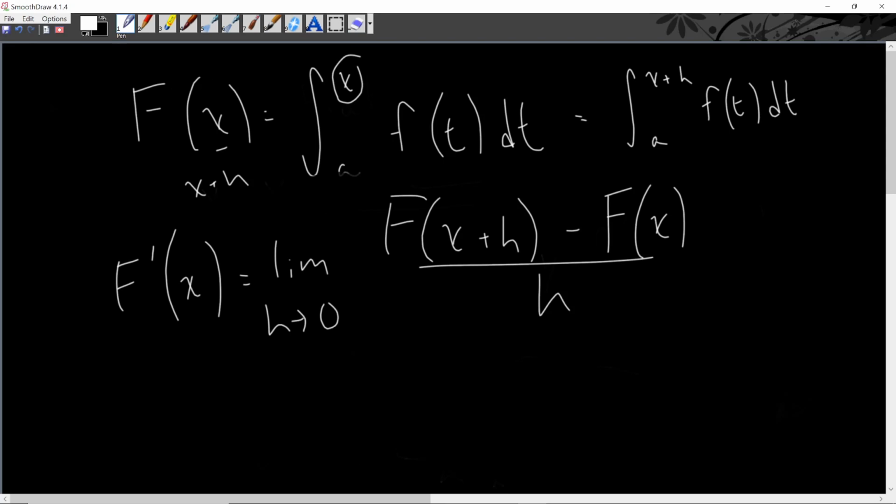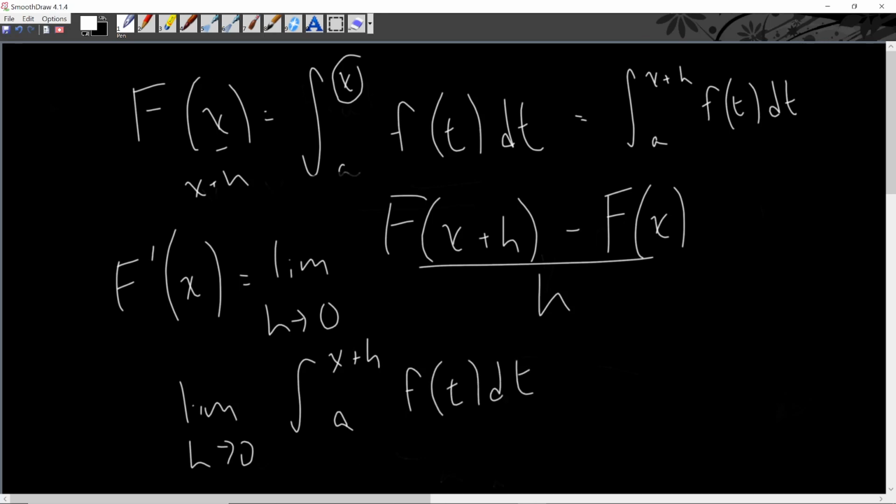We're going to have the limit as h approaches 0 of the integral from a to x plus h of lowercase f this time, f of t dt, minus, and we're just going to plug all of this back in for F of x right there, the integral from a to x of f of t dt.